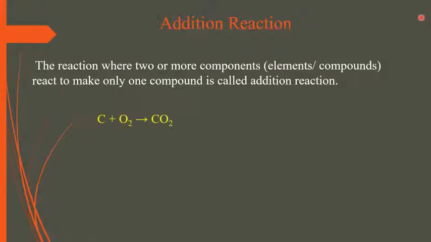Look here, carbon and oxygen, these two elements react and produce only one compound, carbon dioxide. Here, iron and sulfur produce ferrous sulfide. Only one compound is produced here. In this way, here calcium carbonate, only one compound, is produced by the reaction of two compounds, calcium oxide and carbon dioxide.